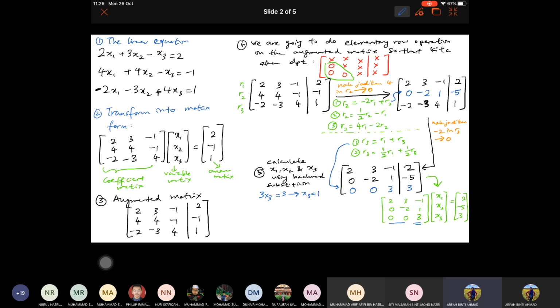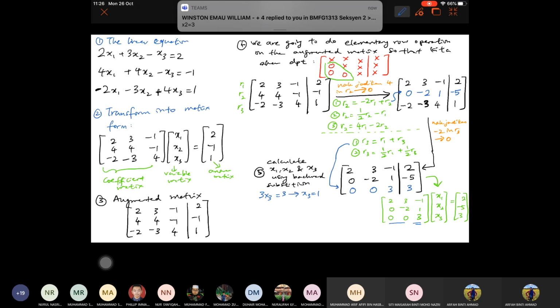Okay. So cuba selesaikan untuk x2 dan x1. Sebab tengok daripada persamaan yang awak dapat tu. Ada yang dapat x2 berapa? x1 berapa? x2 3, betul.